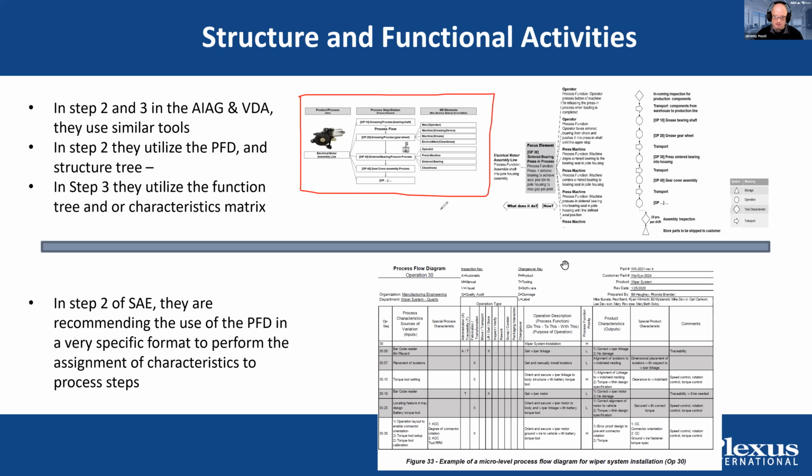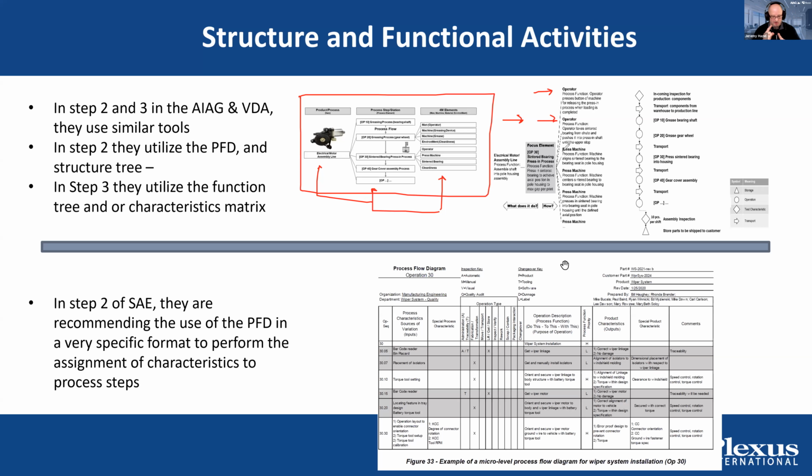This is an option in which you look at the work elements that create the process steps that then form the line. And then when you go to functional analysis, each structural element has to have its own functions. So we've taken the thing, we've separated them out, and structure comes first and then dictates function.